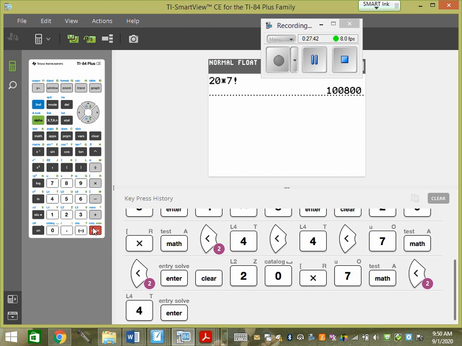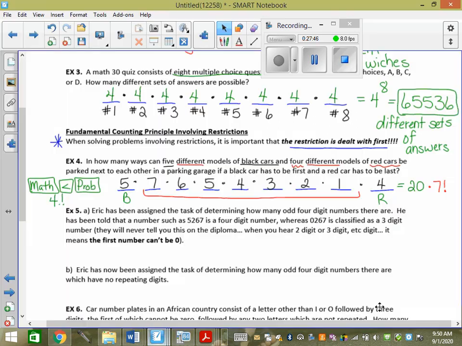So it's 100,800. Now, that's 100,800 ways that you could park 9 cars in a parking garage with a black car first and a red car last, right?